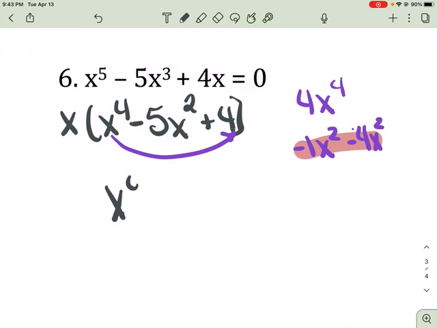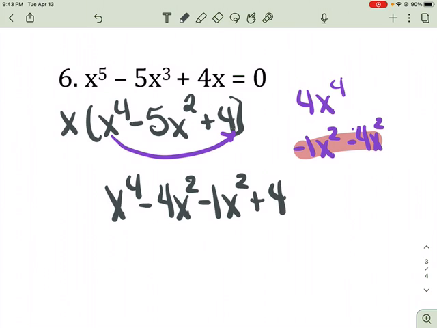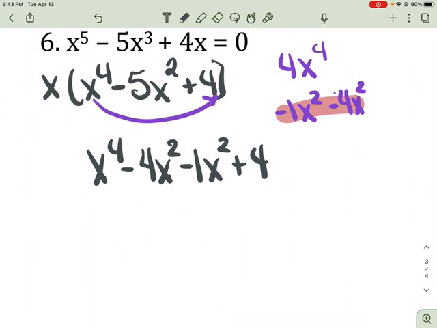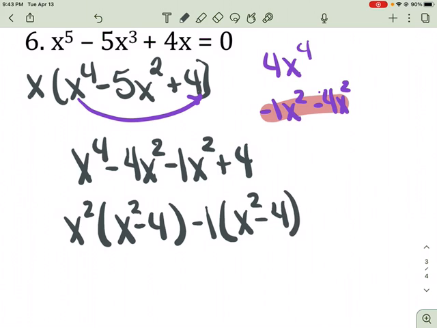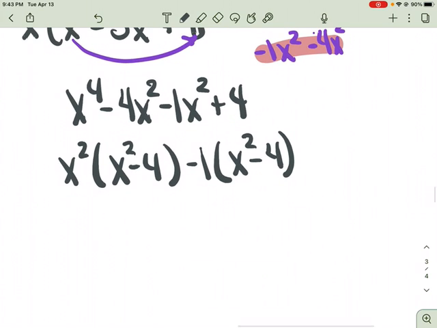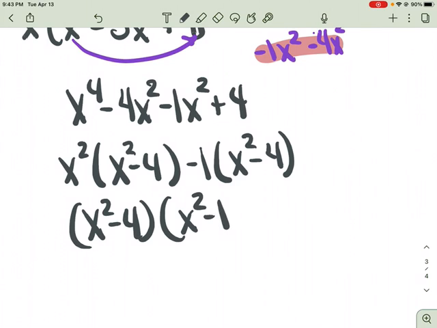So I'm going to make this x to the 4th minus 4x squared minus 1x squared plus 4. All right, I'm going to take out an x squared minus 4. Take out a -1, x squared minus 4. So we get x squared minus 4, x squared minus 1, and everything's equal to 0.